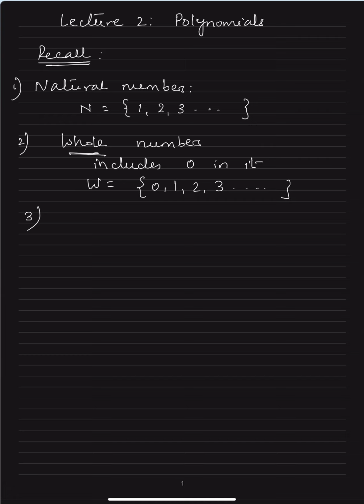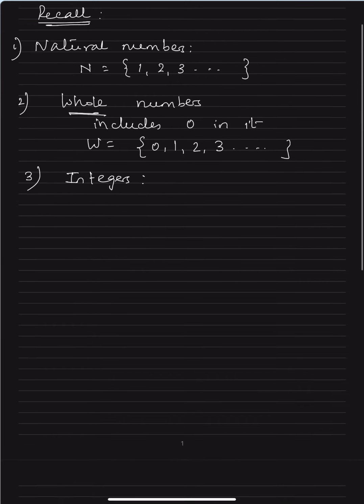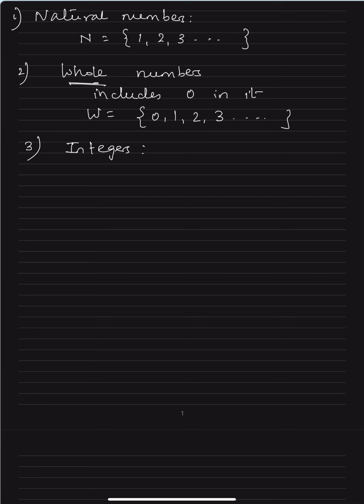Then the third one is integers. This is the most important term, and it should be very much clear in your mind. Integers are nothing but all the negative and positive numbers including 0. That is but obvious. As we go from natural to whole, 0 is included.